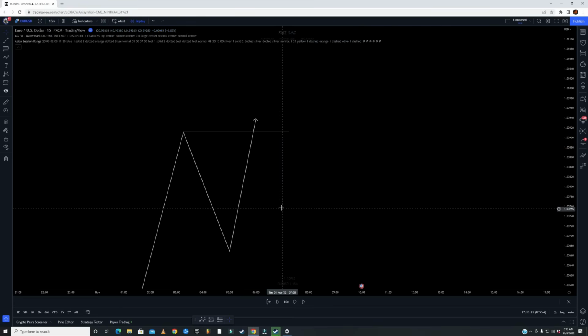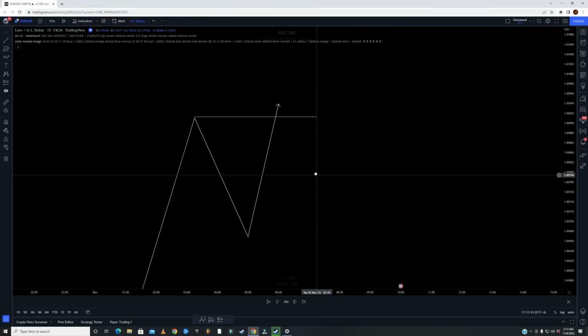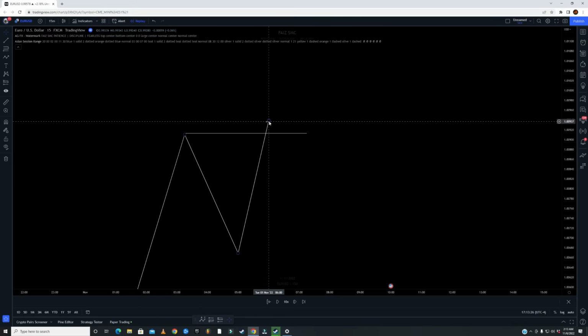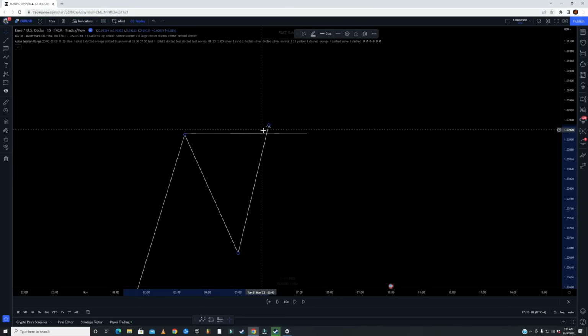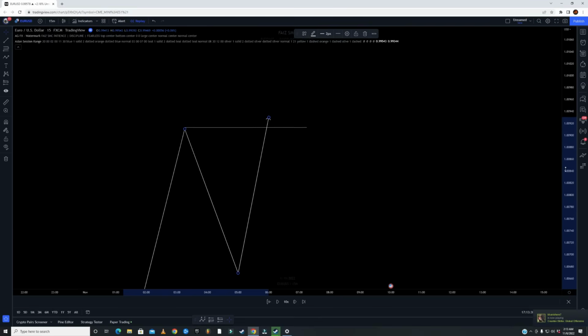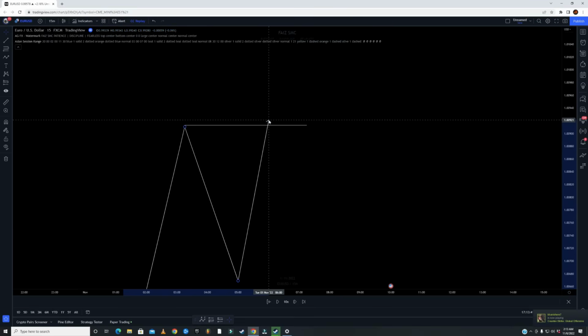I'm going to try to explain this once again. The C leg, the very first candle that goes out of this range, and by range I mean the liquidity sweep. When price sweeps the liquidity, the very first candle should close, or it can just wick and then come down and close here.